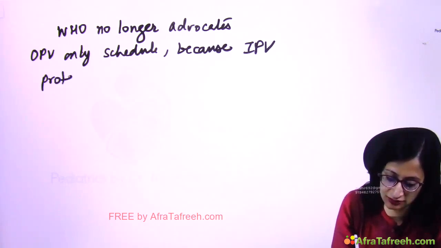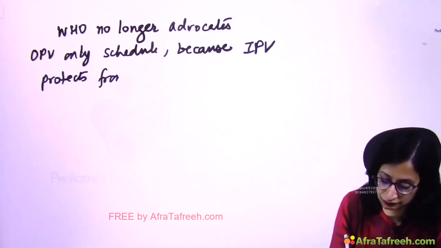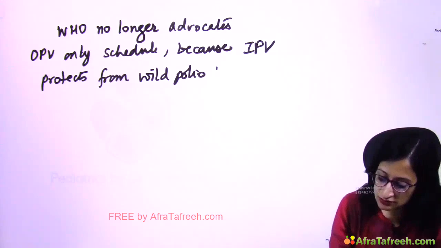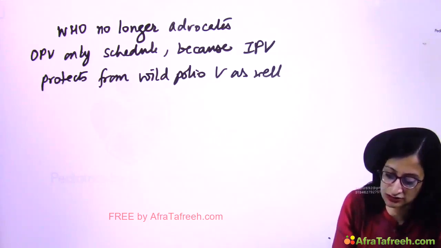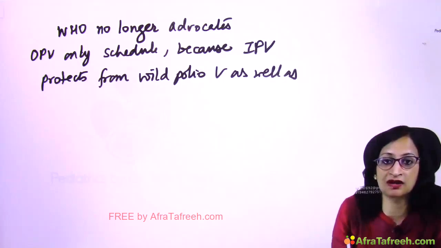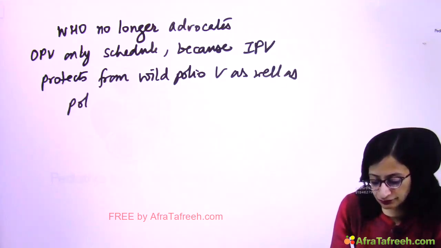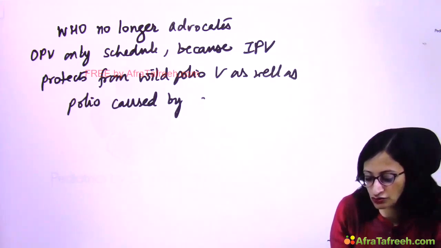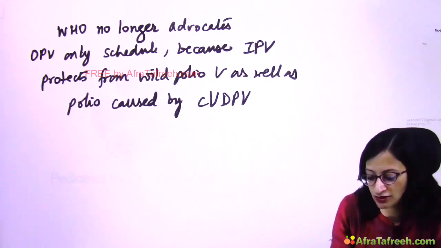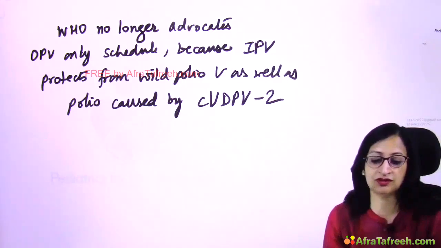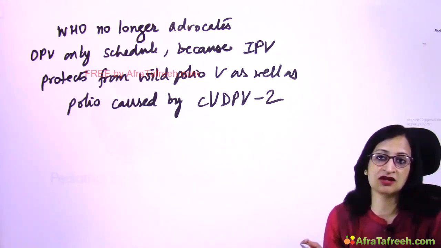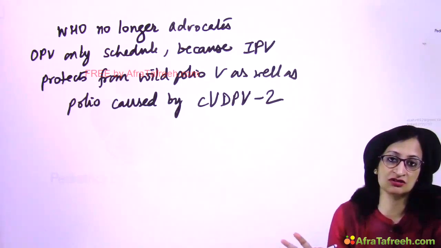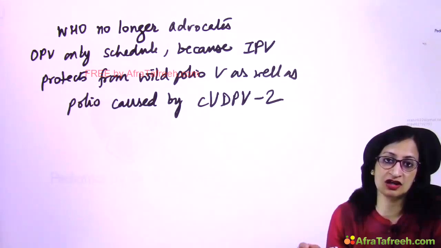IPV protects from wild poliovirus as well as polio caused by circulating vaccine derived poliovirus strain 2. Okay. So that is why 2 doses of fractional IPV have been incorporated in our national immunization schedule as well.